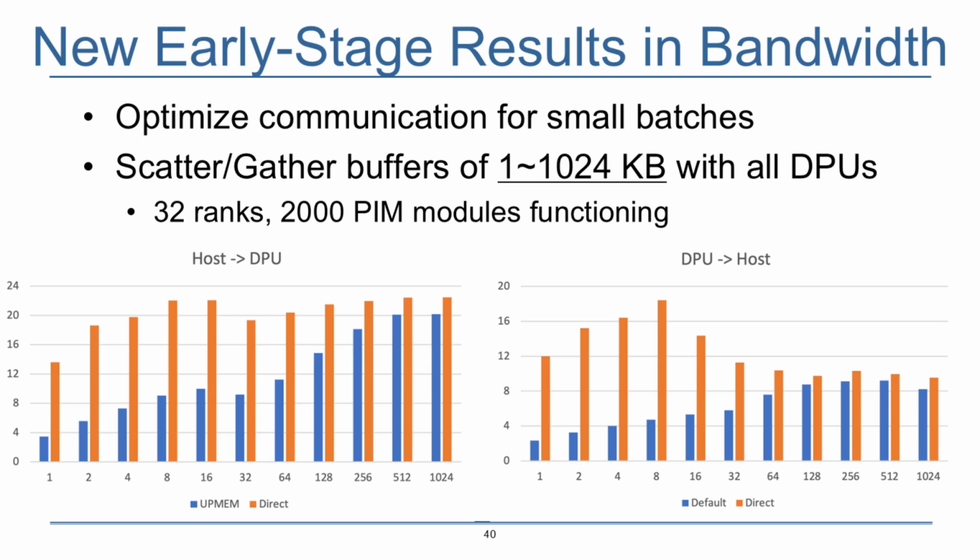These are the results for scatter and gathers for buffers of 1 to 1,000 kilobytes with all DPUs on a machine with 32 ranks and 2,000 PIM modules. We can see for small buffers, the bandwidth gathered by this new lightweight API can be a lot higher.